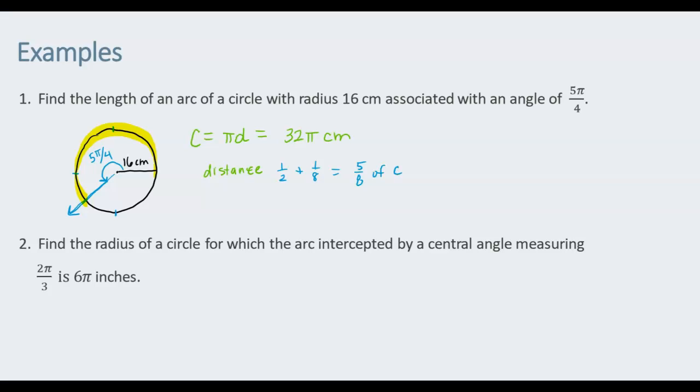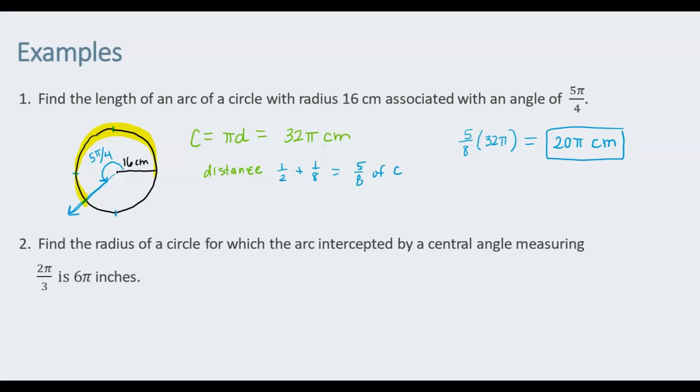So what if I did 5/8 times 32 pi? I'm thinking it's 5/8 of the distance around the whole thing. Let's do 5/8 times 32. I'm going to leave the pi symbol out. And I get 20 pi. Just looking at the picture, this is what I think the arc length is going to be.